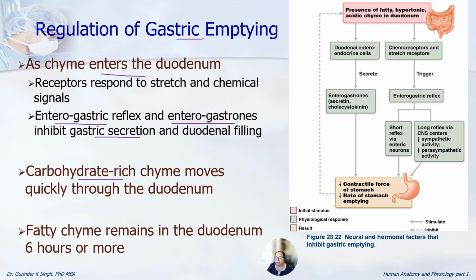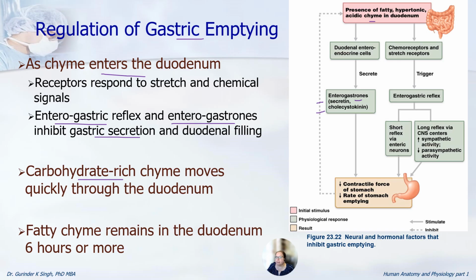The presence of fatty, hypertonic or acidic chyme in the duodenum causes your duodenal enteroendocrine cells to produce enterogastrones. Enterogastrone is a word we use for secretin and cholecystokinin. Cholecystokinin and secretin will inhibit the contractile force of the stomach, as well as the rate at which the stomach empties.